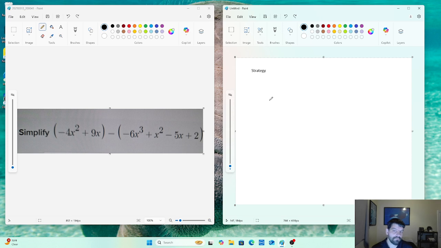So the first step that we're going to take with this problem in terms of simplifying it is we're just going to go ahead and drop the first set of parentheses because it doesn't have anything outside of it, like a coefficient or, more relevant to this video, a minus sign.